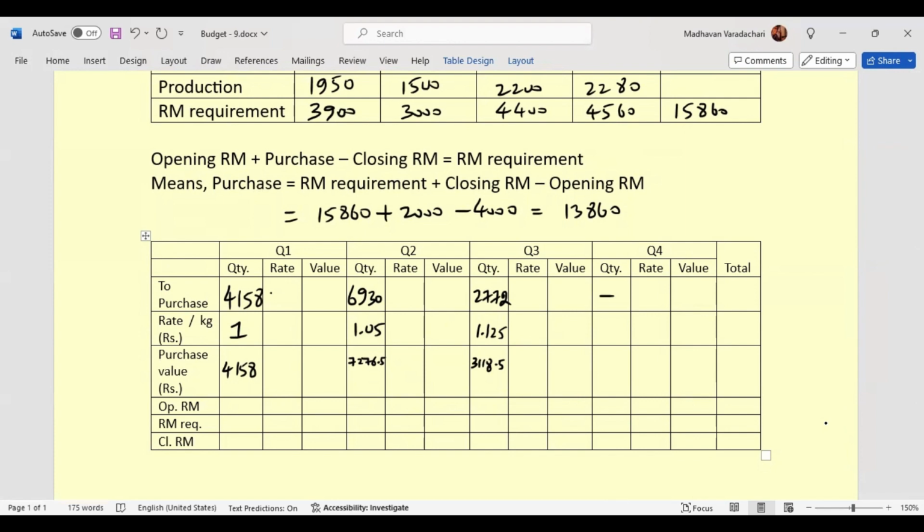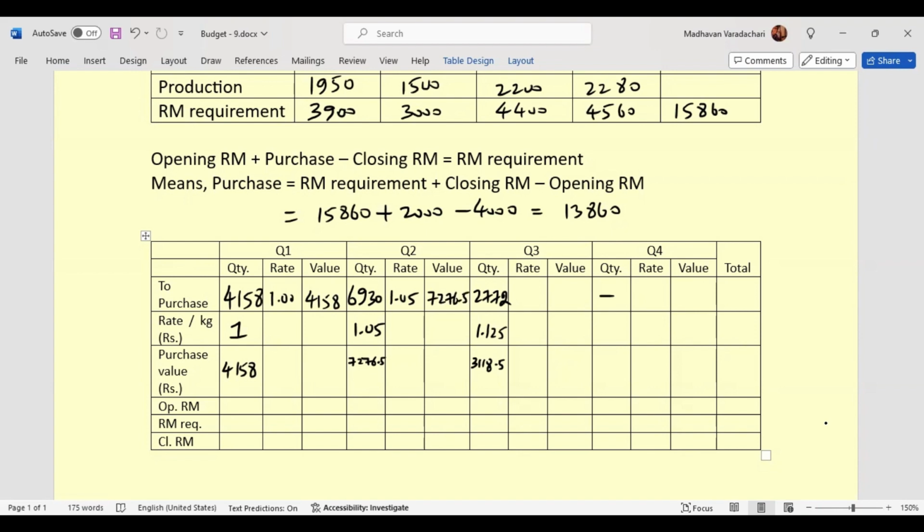So for the first one, the purchase value will be 4158. Here it is 1.05 and rewriting the value as 7276.5.